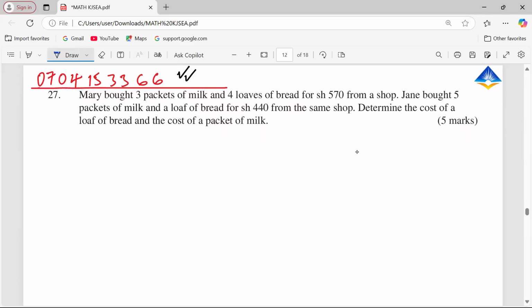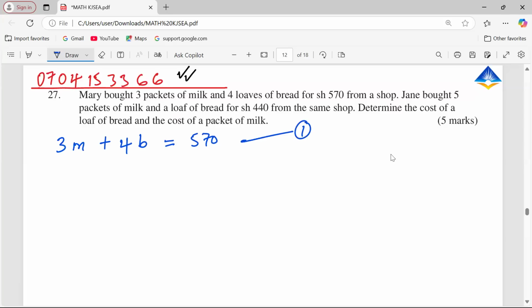Okay, Mary bought 3 packets of milk. So we can say 3 packets of milk, each selling M, and 4 loaves of bread, each loaf costing B, and this totaled to 570. This is our equation 1.